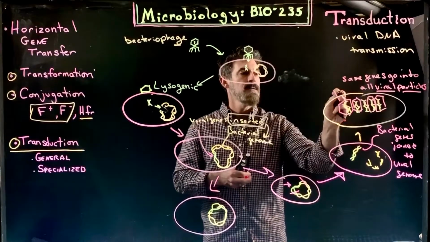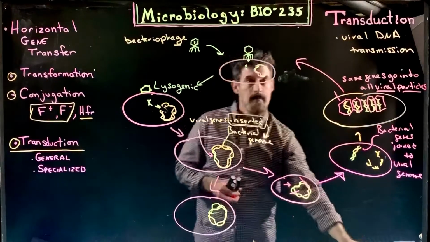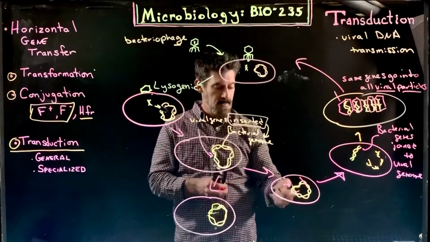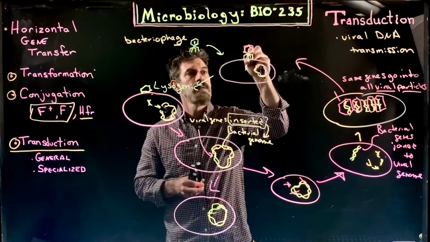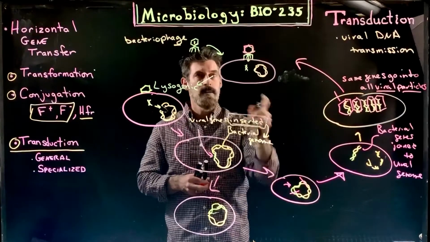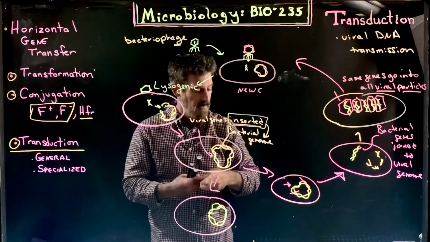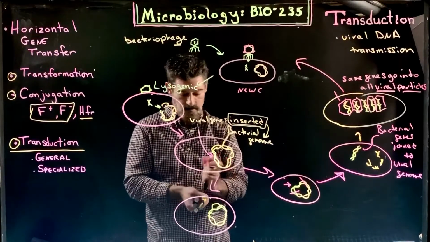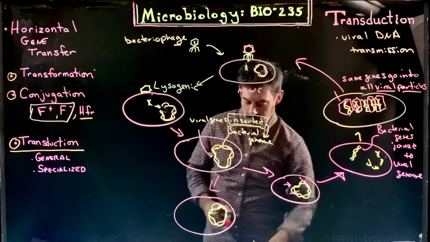Now what's going to occur is this. These viral particles will leave and then infect a new cell. So let's say that's this cell up here. We'll come back to this. Let's say now this is our new viral particle. This is a new cell, let's just say. Maybe I won't do that. For the sake of this whole drawing up here, I'm actually going to draw a whole new cell.